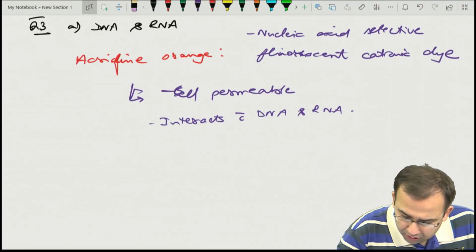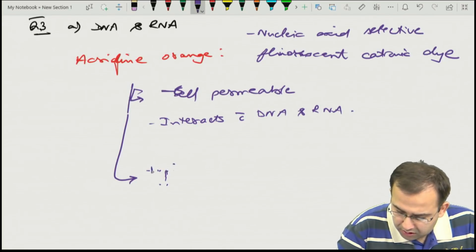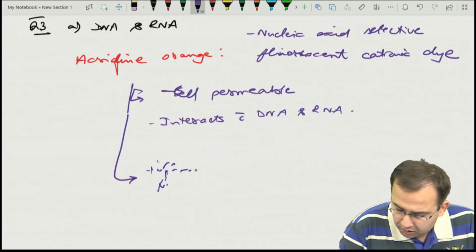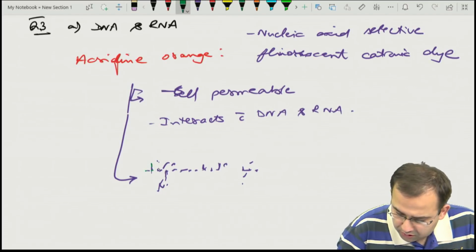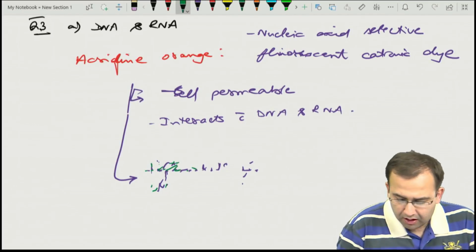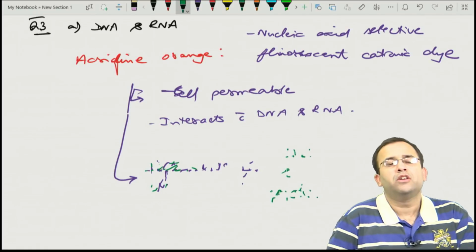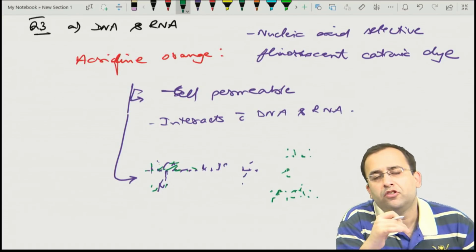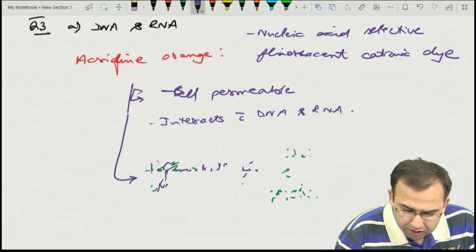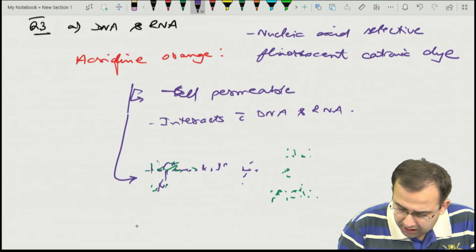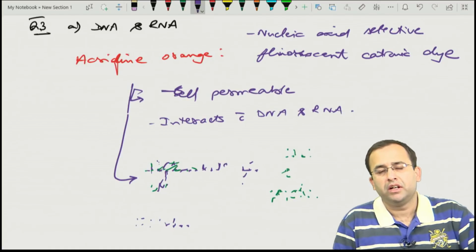Next, it is used to differentiate between live and apoptotic cells, by the use of the dye ethidium bromide.